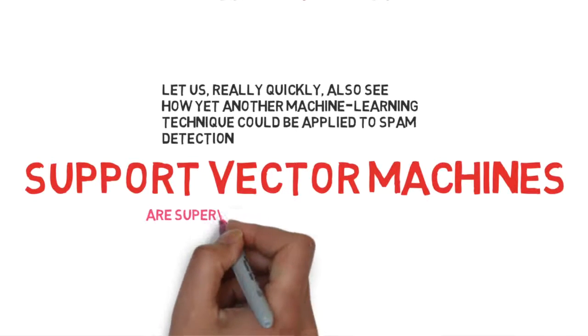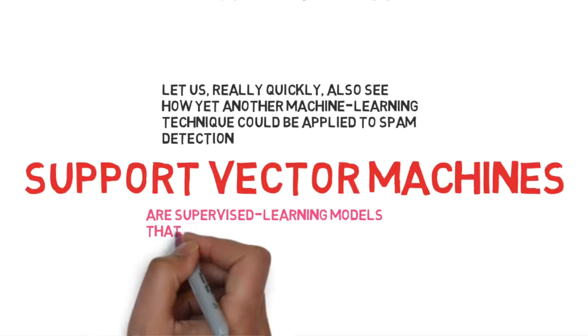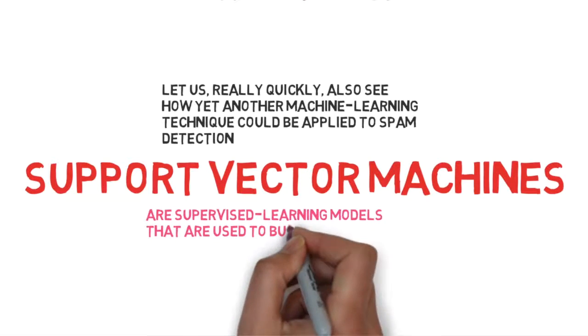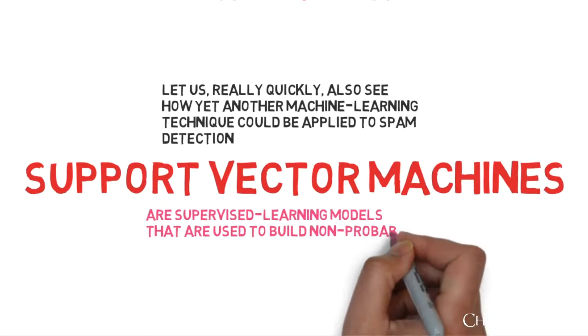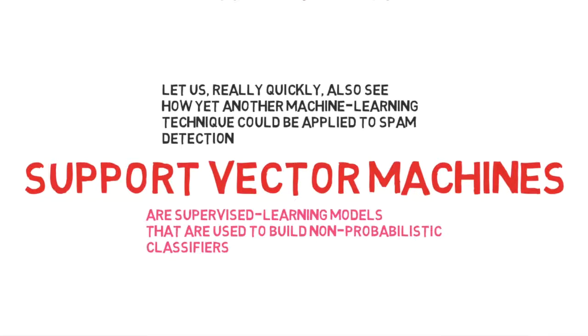So they also do not make assumptions about the probability distributions, similar to how the k nearest neighbors does it. They are also an example of supervised learning. So support vector machines are supervised learning models that are used to build non-probabilistic classifiers.